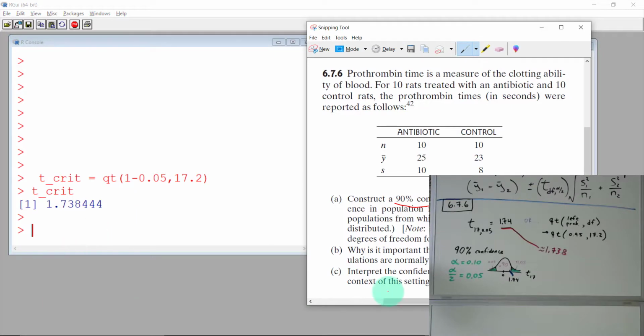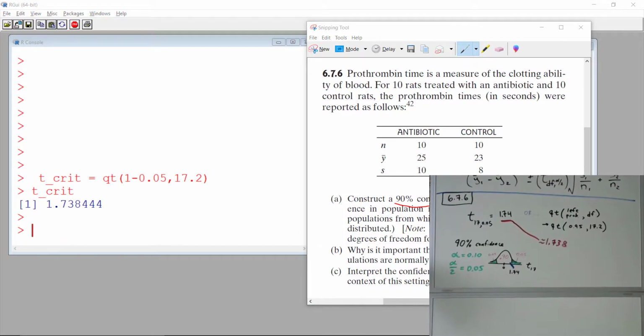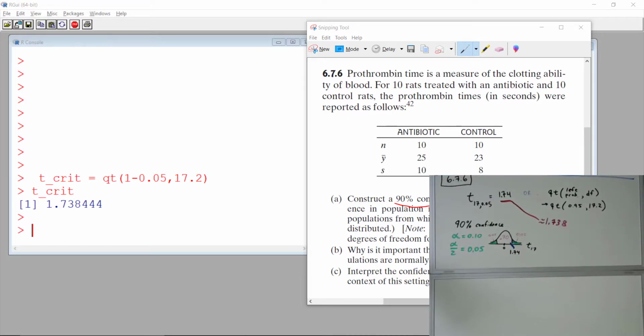So I'm looking at our sample statistics, getting ready to plug all these components into this formula. I'm going to start with the antibiotic group as group number 1. Sample mean, 25. We're going to subtract the mean from the second group, the control group, 23. Then add and subtract the T critical value, which is approximately 1.74.